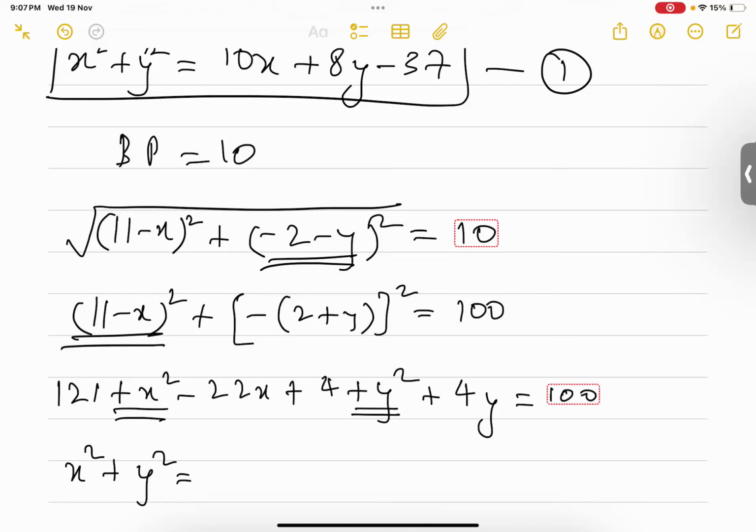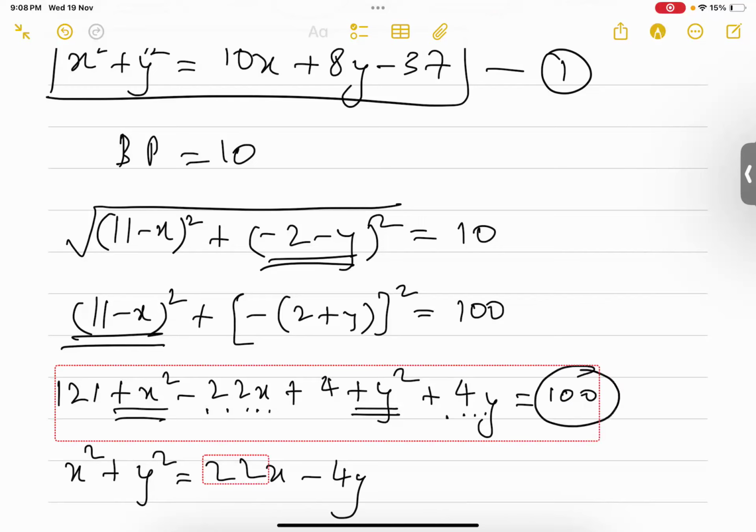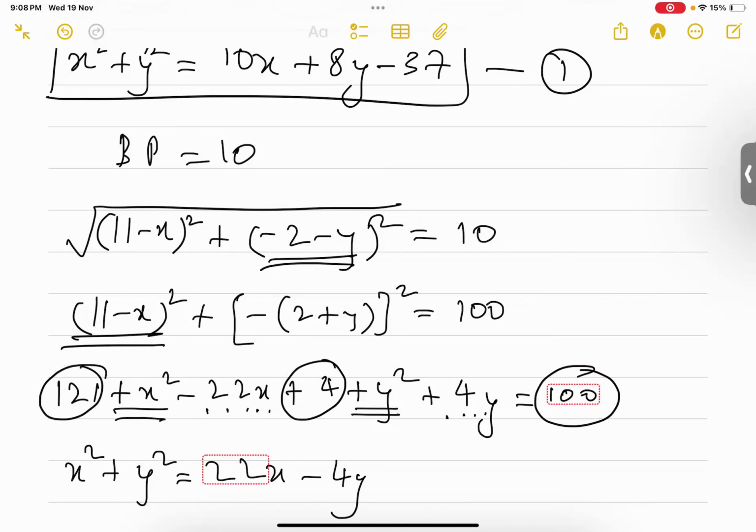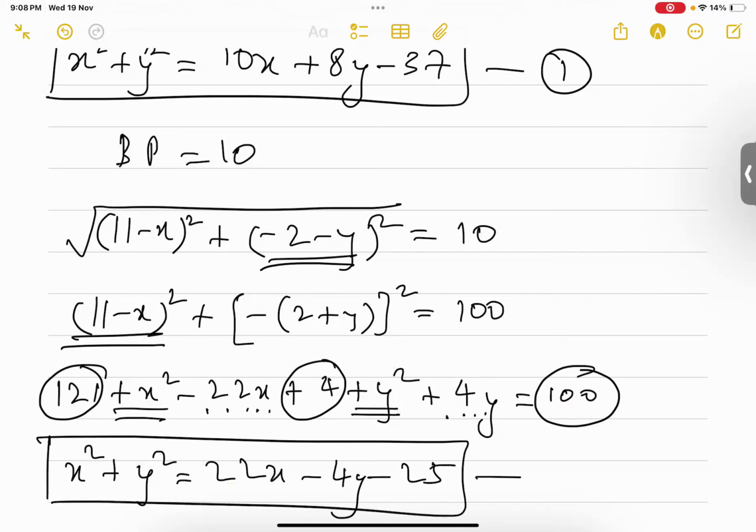Minus 22x and 4y I will keep on the right hand side, so 22x minus 4y. Now 100 minus 125, since 121 plus 4 is 125, that is minus 25. So this will be equation number 2.